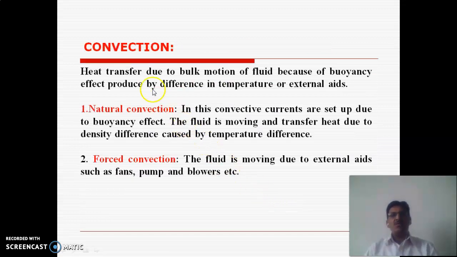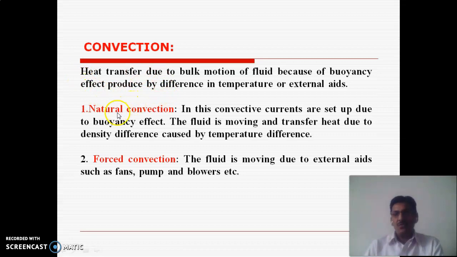The second mode of heat transfer is convection. Convection heat transfer is due to bulk motion of fluid because of buoyancy effect produced by difference in temperature or external heat. When there is a temperature difference between the surface and the fluid which is in contact with it, convection heat transfer takes place.